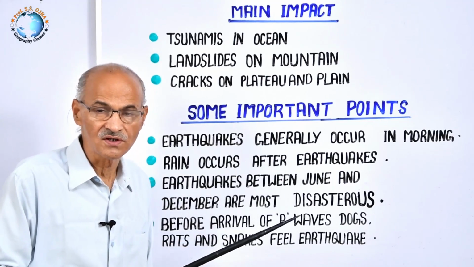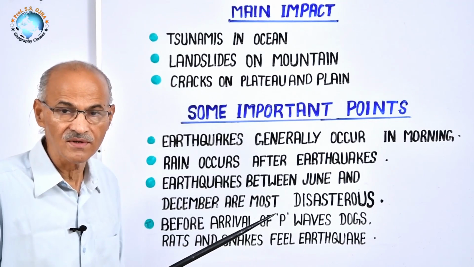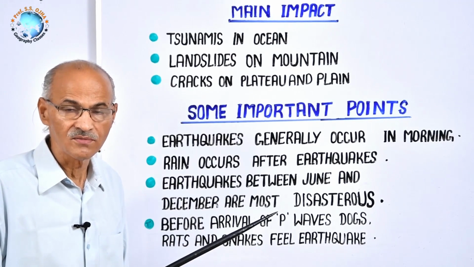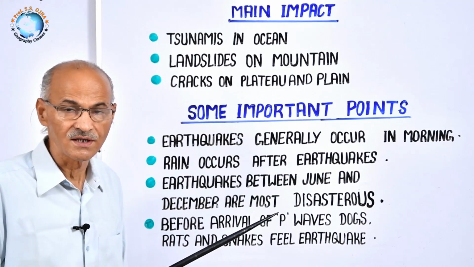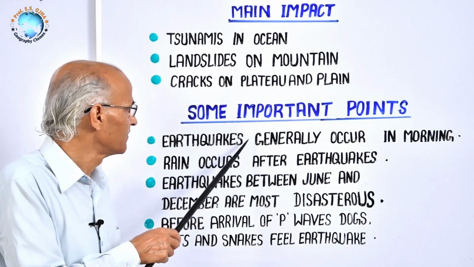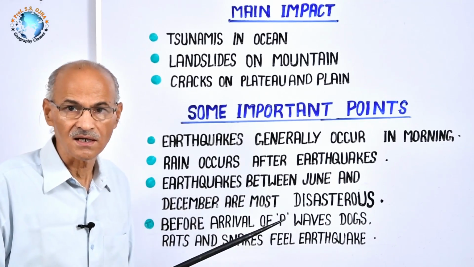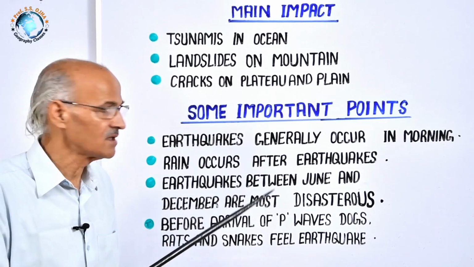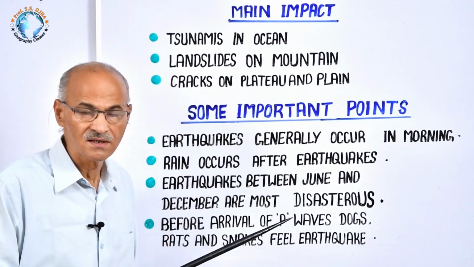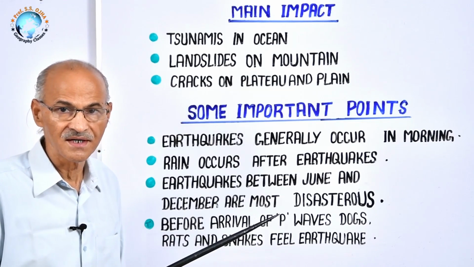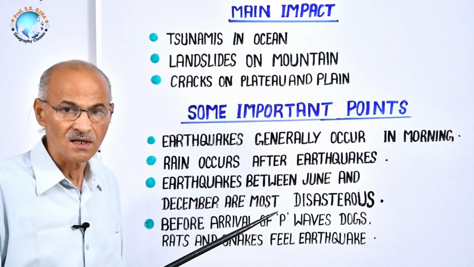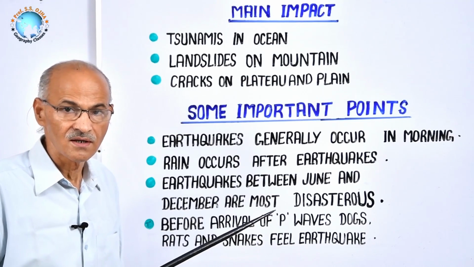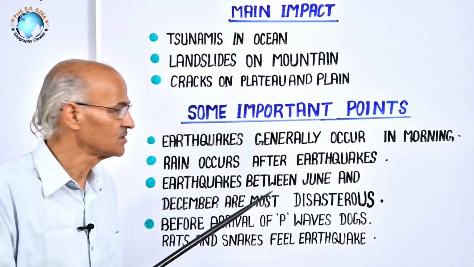If you see the data, the timing of earthquake is between 2 a.m. to 8 a.m. Why it happens, its real cause has not been studied yet. Once I was studying that sun can help predict earthquake, but nothing very concrete I could get.